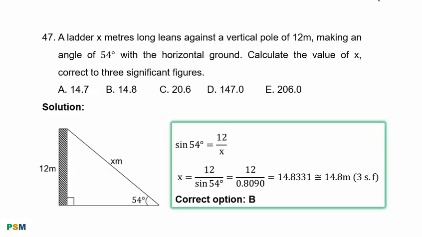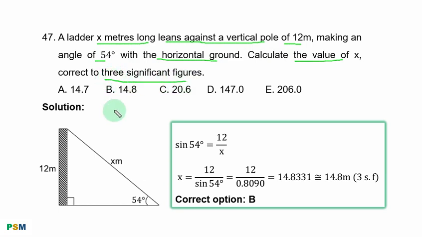Question 47. A ladder S meters long leans against a vertical pole of 12 meters, making an angle of 54 degrees with the horizontal ground. Calculate the value of S correct to 3SF.